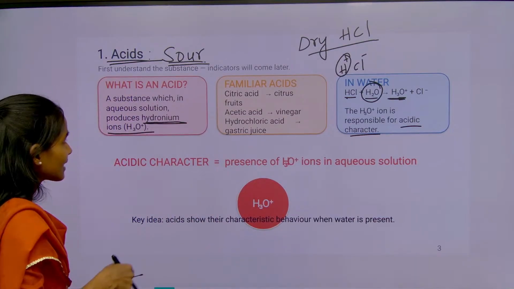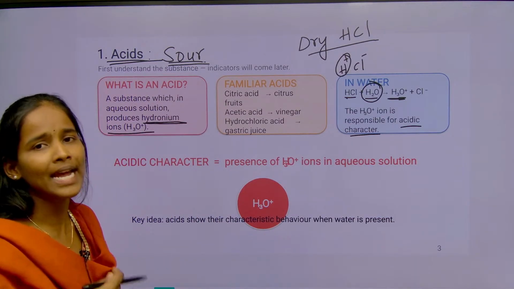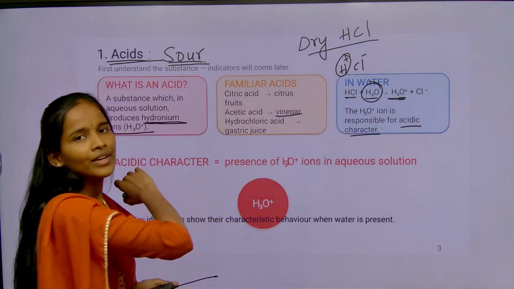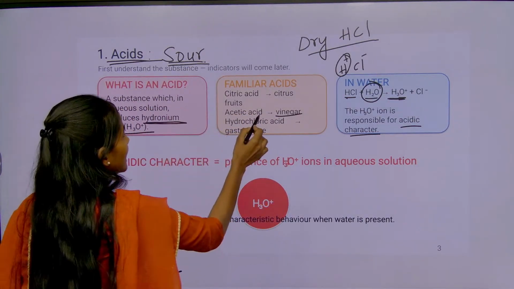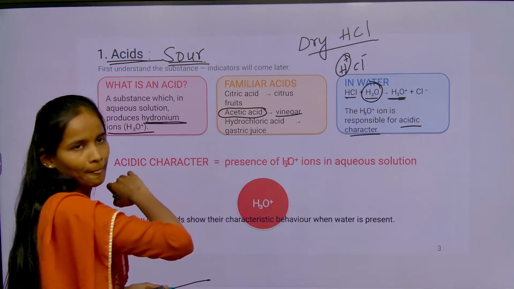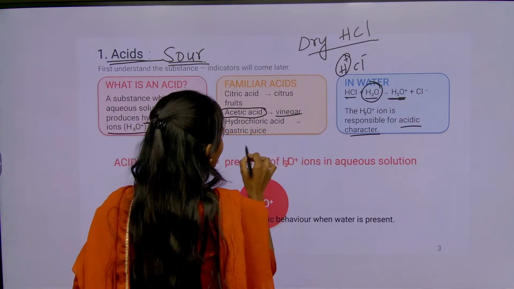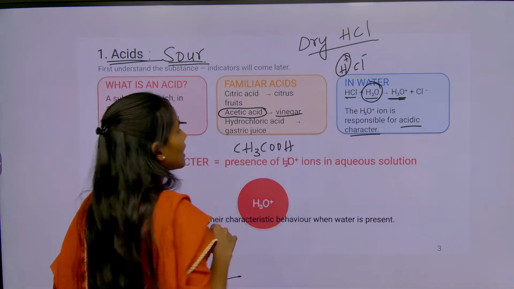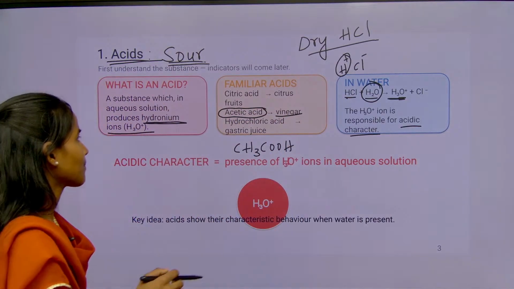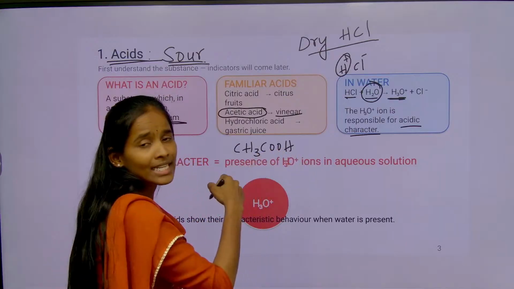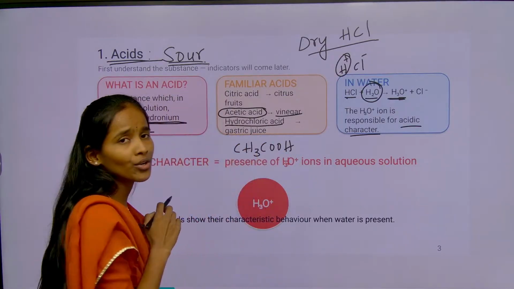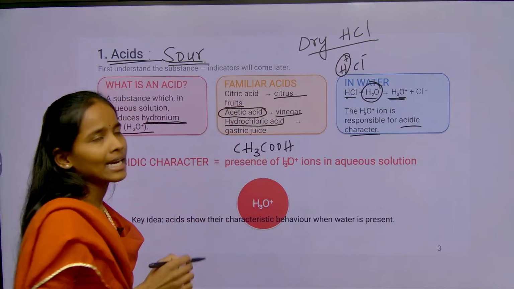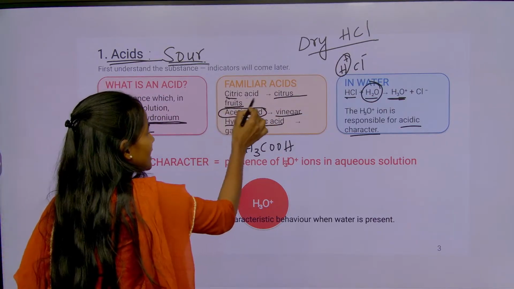In our day-to-day life, we see so many acids. For example, vinegar, which we use in the kitchen, contains acetic acid and its formula is CH3COOH. In the stomach, hydrochloric acid is present, and citrus fruits like lemon contain citric acid.